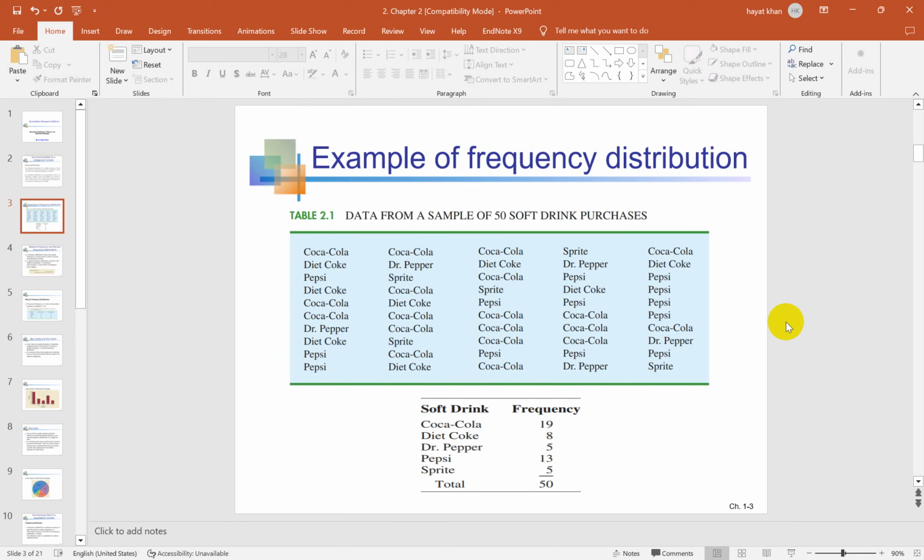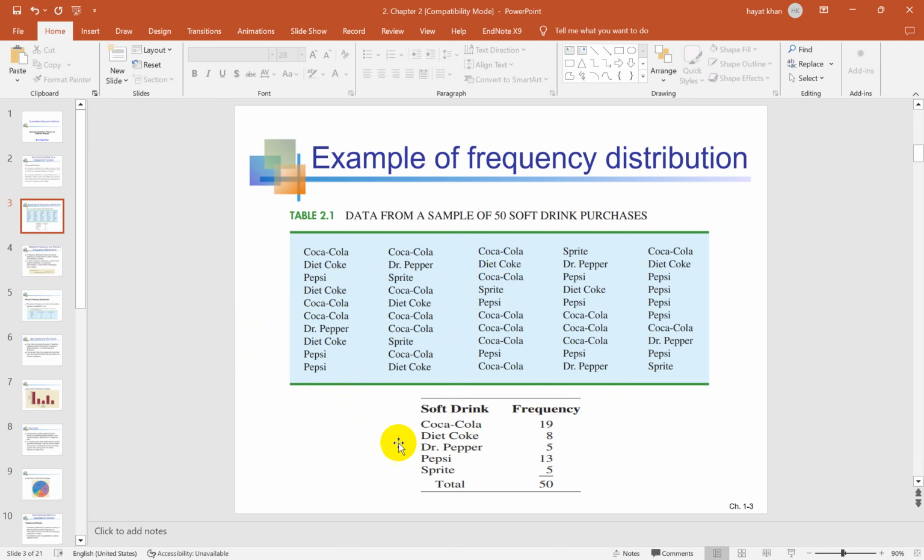For example, this is data of 50 soft drink purchases. This includes Coca-Cola, Diet Coke, Pepsi, and so on. So, how can we make a frequency distribution of the data given in this table?